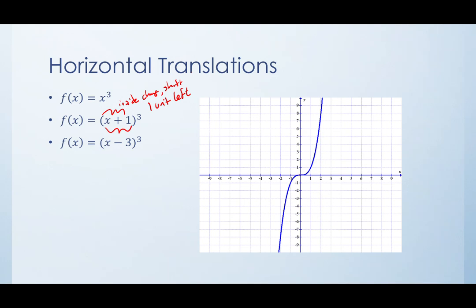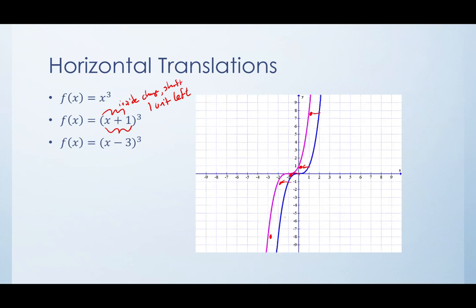So every point on here is just going to be 1 unit left, 1 unit left, 1 unit left, right? Just like that. And we had 2, 8, it's going to move to here. Negative 2, negative 8 is going to move to here. And we can say, oh, look, there it is, except I didn't quite line my graphs up quite right.